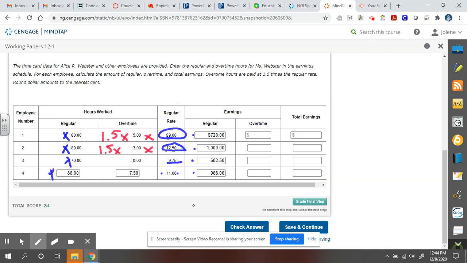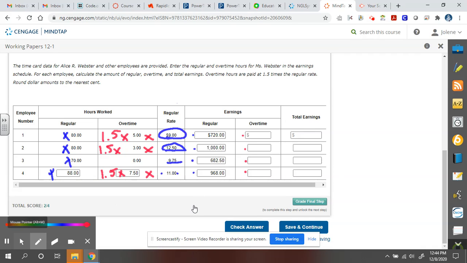Employee 3 didn't have any overtime hours, so we're not going to worry about them. Alice had overtime hours. 1.5 times the rate times the hours. And that's going to give you this number.